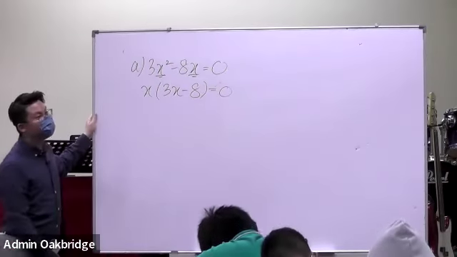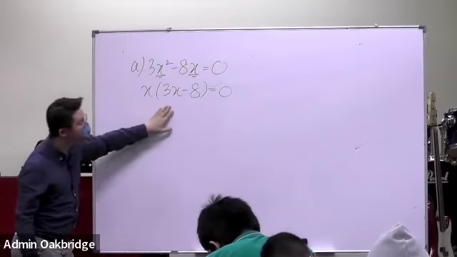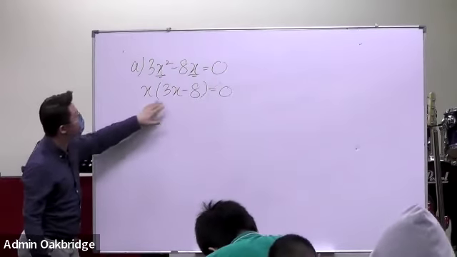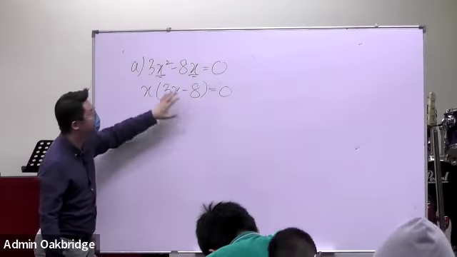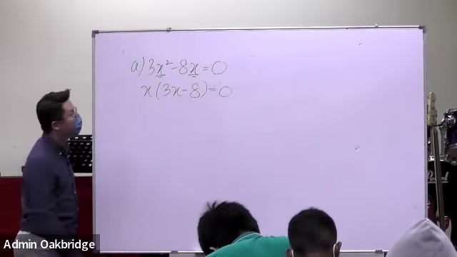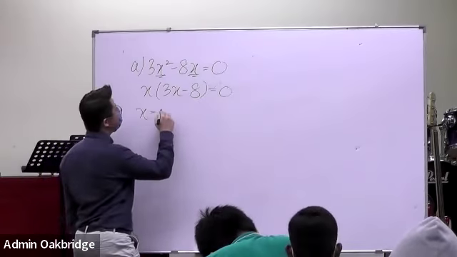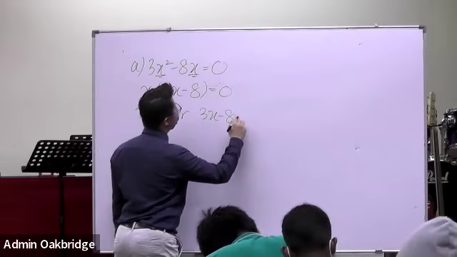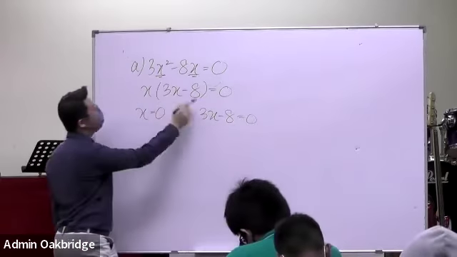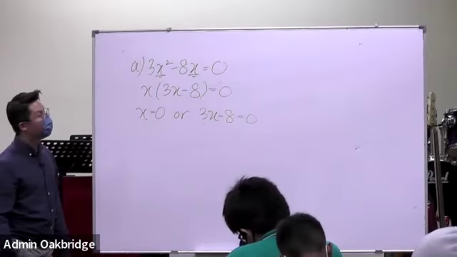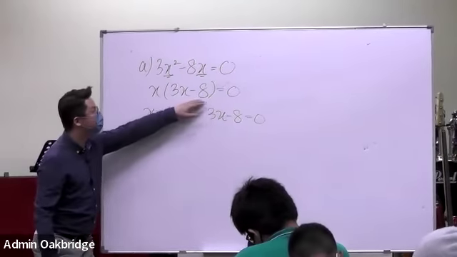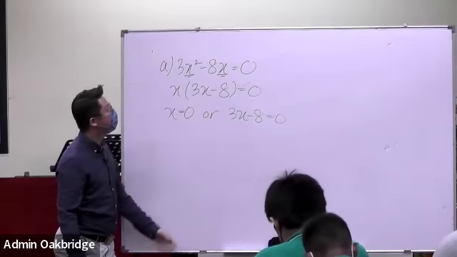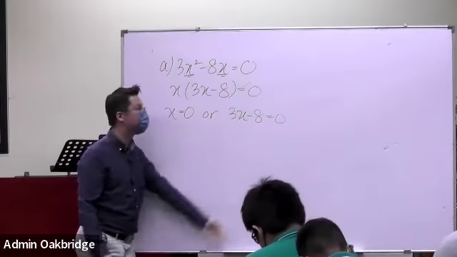From here, you don't need to use a calculator to find the roots anymore, because once you have the factors, you can get the roots from the factors. So x equals 0, or 3x minus 8 equals 0. Either one of the factors must be 0, because 0 times anything is 0.